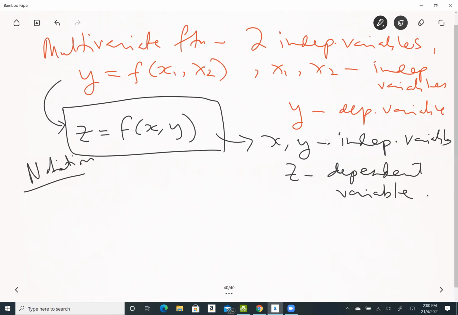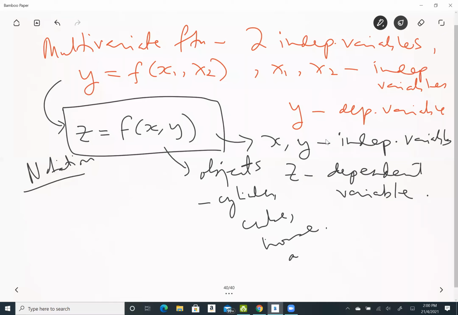What we will get is not simply a line, but an object, like a cylinder, a cube, a house, any object, even animals, human beings.